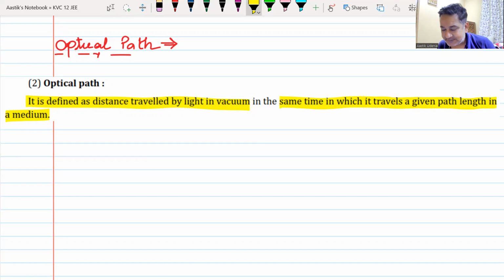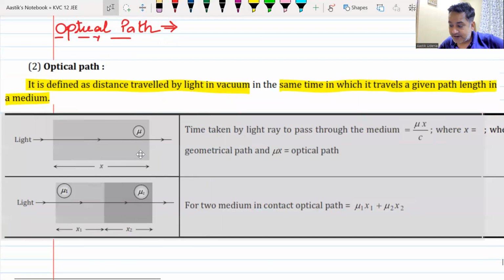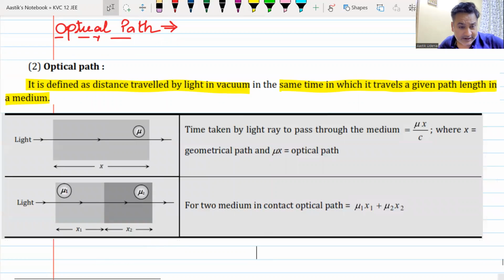Do we understand this? In simple terms, what we need to understand is how we are going to find out the optical path, and that is the only thing that is important to us here. And this is how we find out the optical path of light.